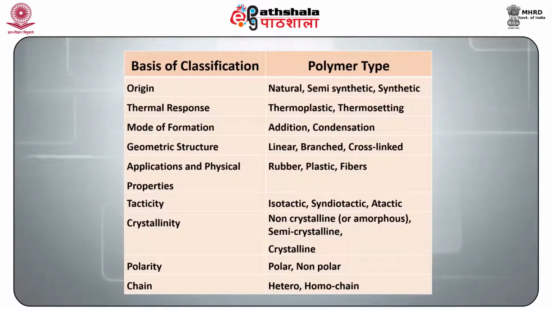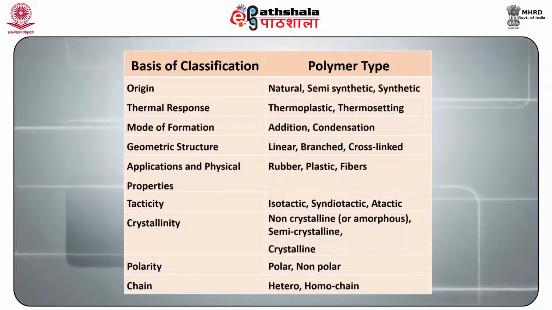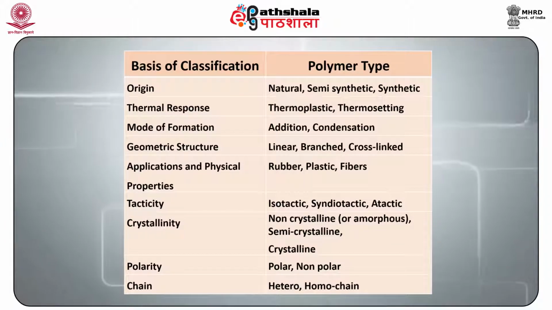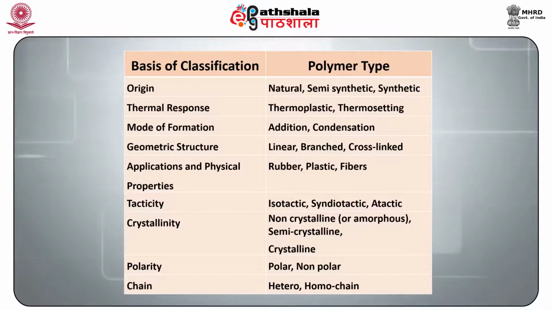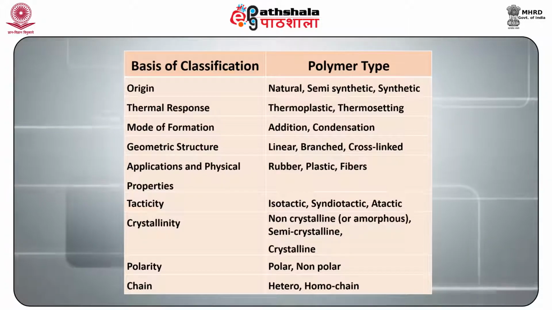We can see that on the basis of origin, polymers can be classified into natural, semi-synthetic and synthetic. On the basis of thermal response, we have thermoplastics and thermosetting polymers. On the basis of mode of formation, we have addition and condensation polymers. On the basis of geometric structure, we have linear, branched and cross-linked polymers.